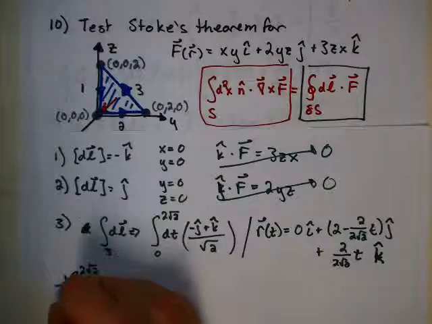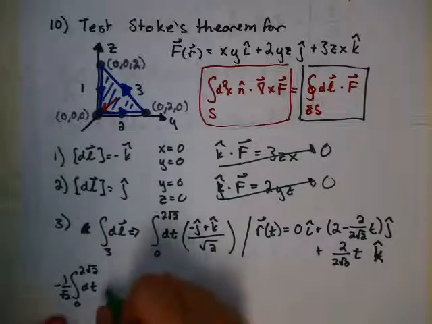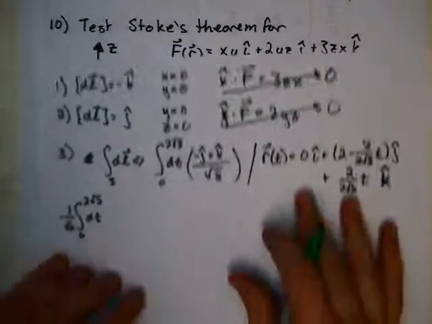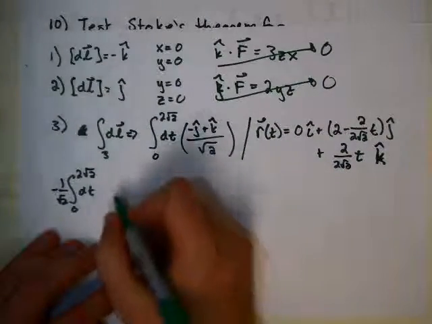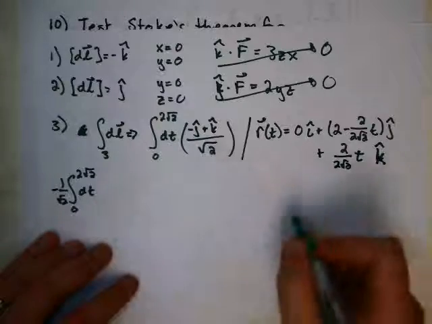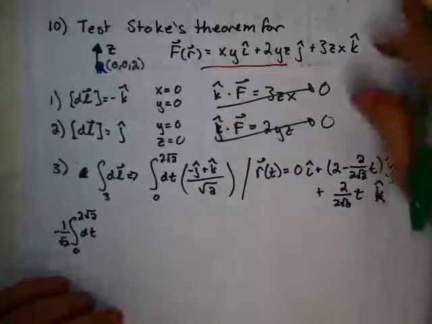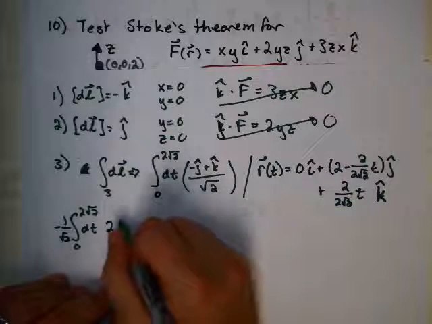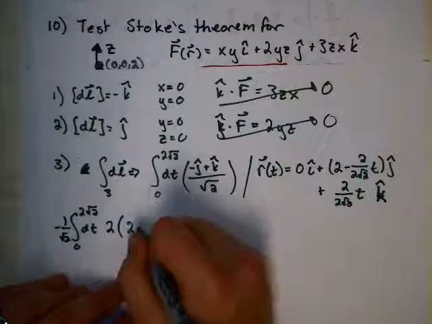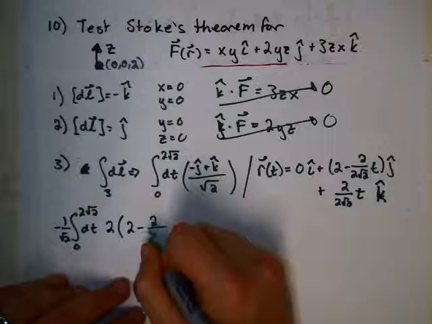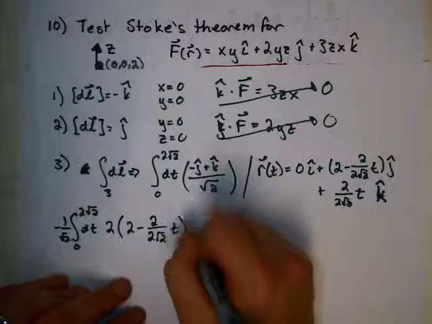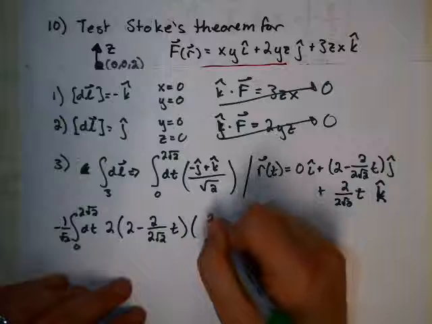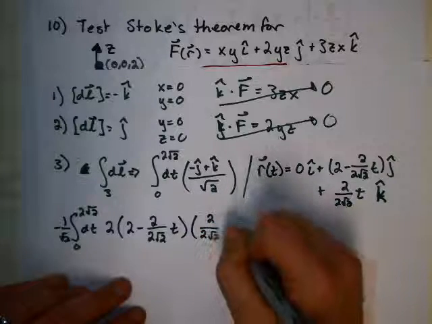So pulling out the minus 1 over √2, I have now the j hat component of f. This is going to be 2, the y is 2 minus 2 over 2√2 t, and the z is 2 over 2√2 t.